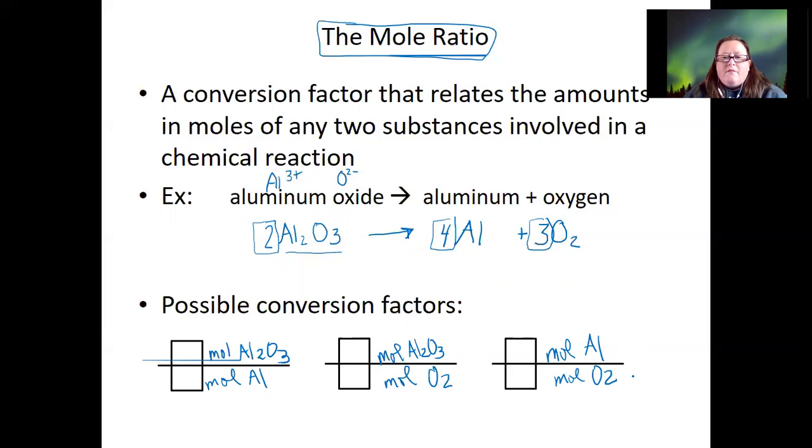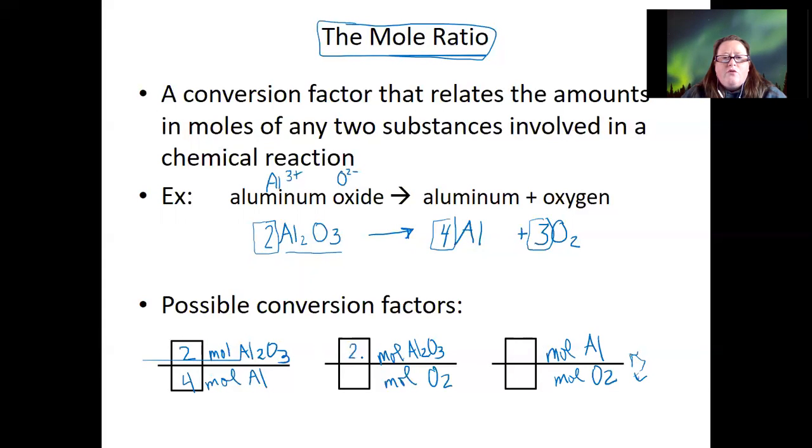Now, the opposite of these are also true. So another conversion factor could be the reciprocal of this. But the place that we get this number from is our balanced coefficient. So for every 2 moles of aluminum oxide, I have 4 moles of aluminum.